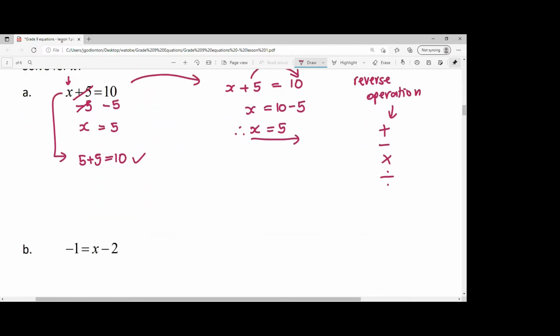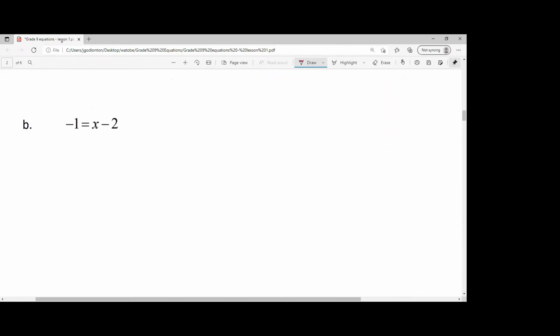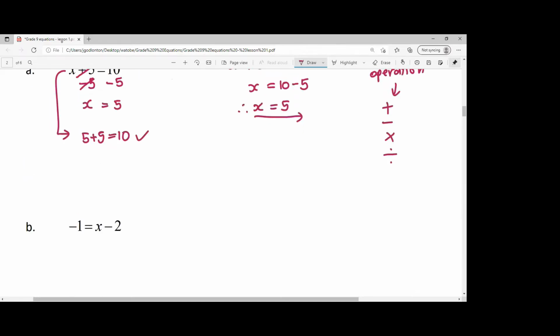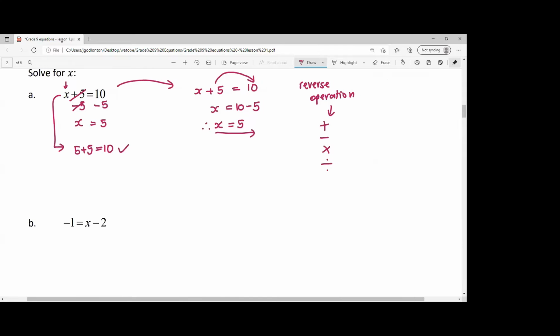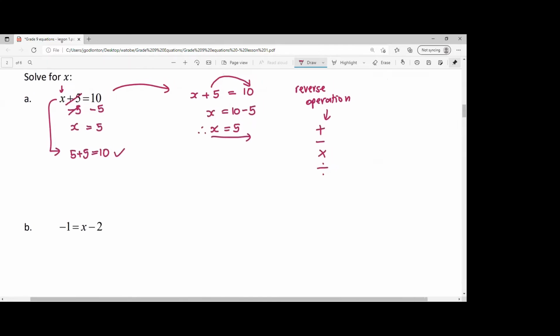So let's have a look at B. I'm going to leave it so that you can still see a little bit of A. And I'd like you all to give B a try.